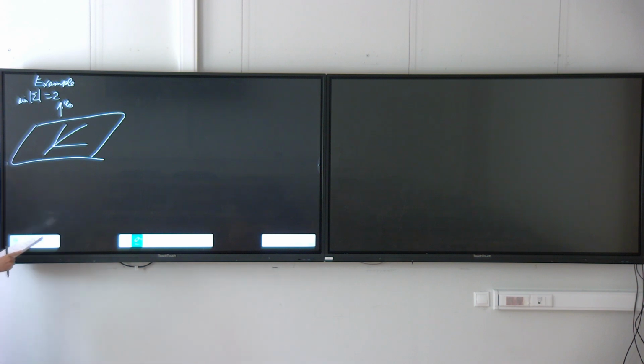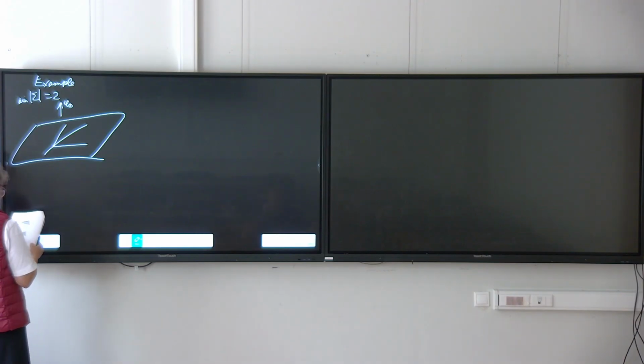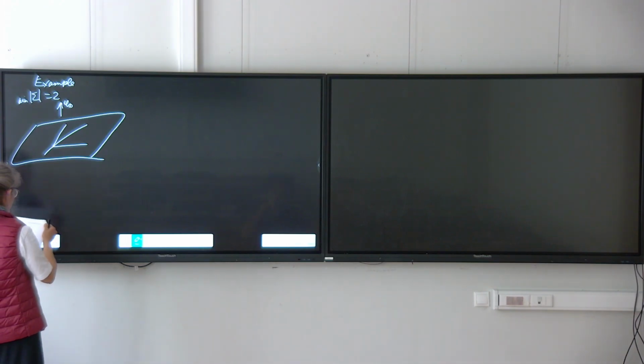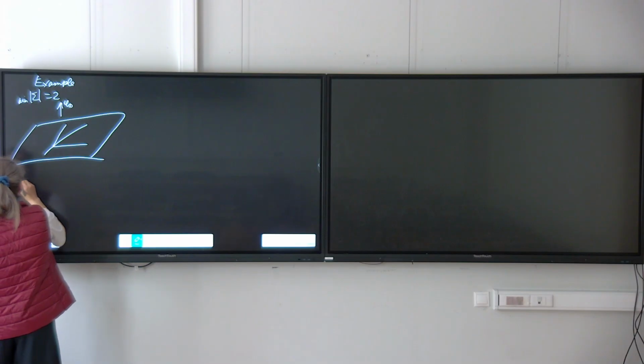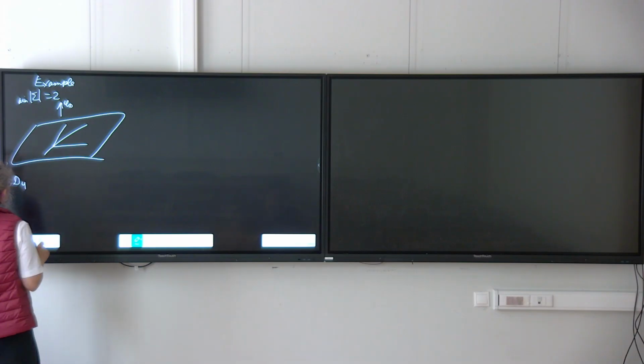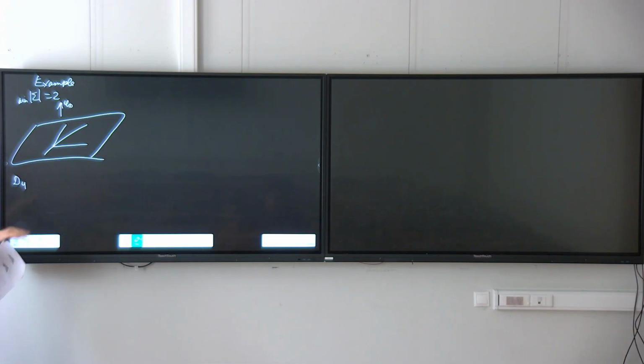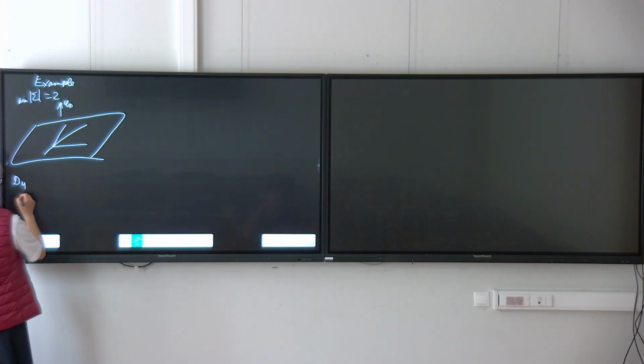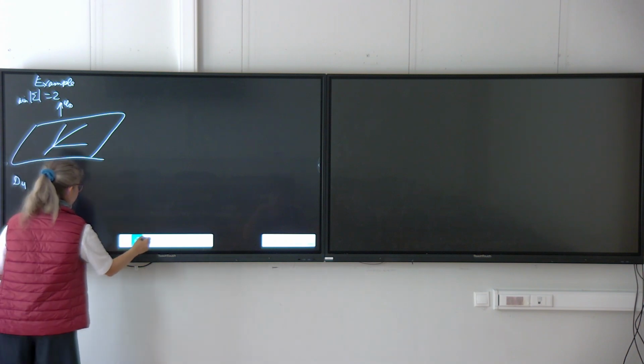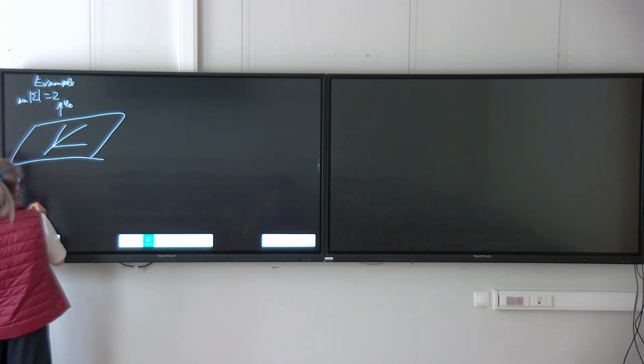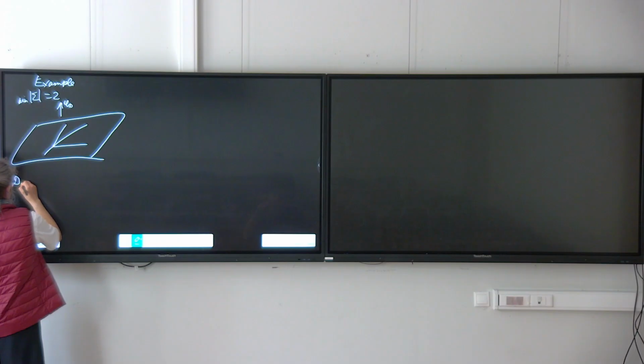Okay, we have discussed several divisors. For example, if we take a divisor D4, it doesn't matter, any divisor Di, what is the graph of this map?